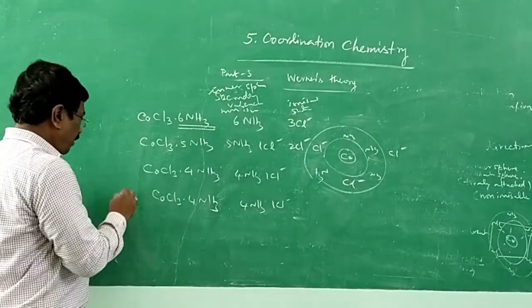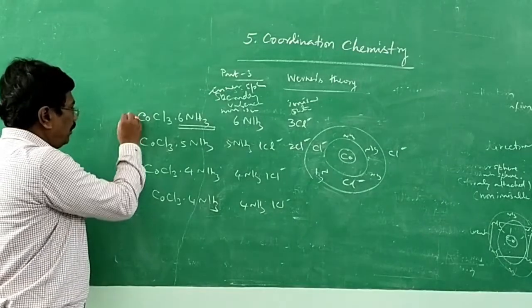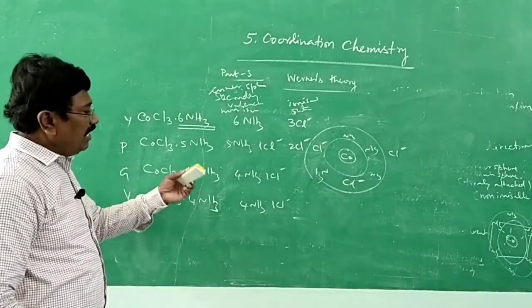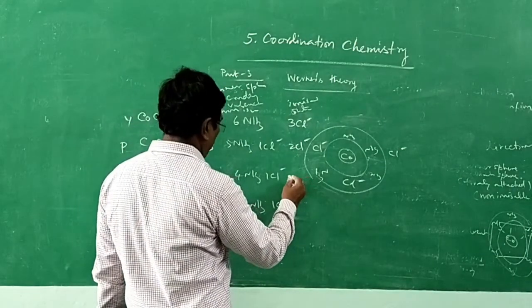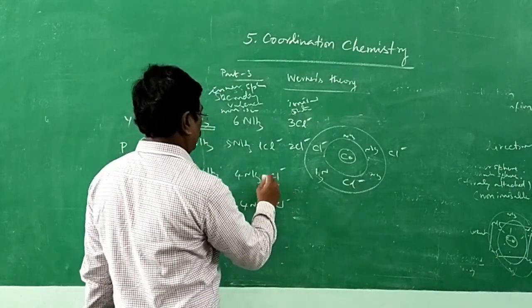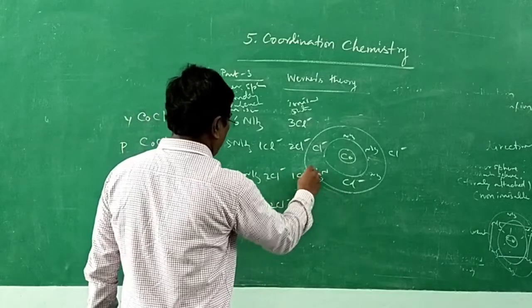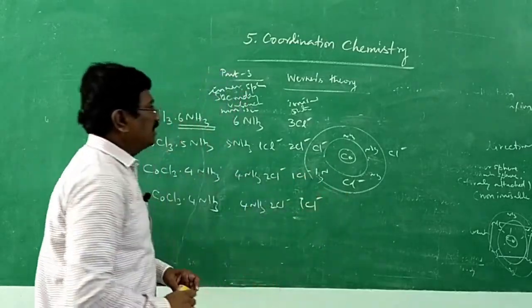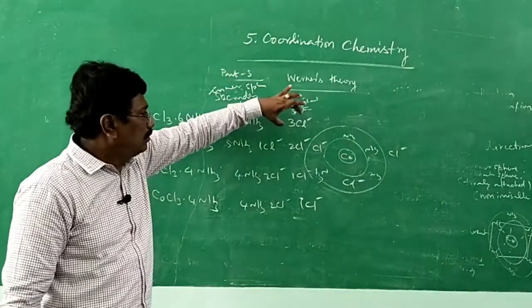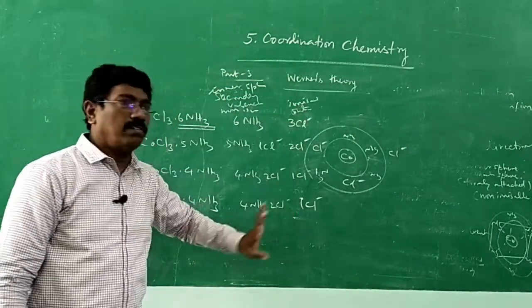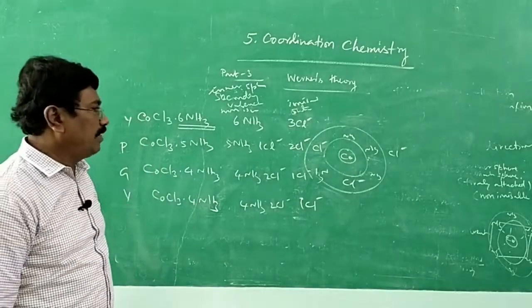It is found to be violet, green, purple and yellow. When we allow silver nitrate solution to react, 1 mole produces 3 moles of silver chloride, 2 moles of silver chloride and 1 mole of silver chloride. That's what we have seen.